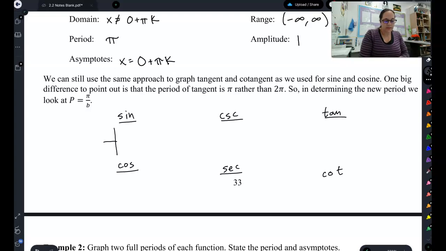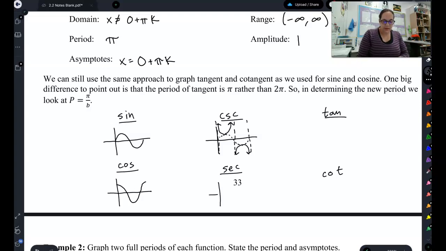So remember, our sine graph is our S wave. Our cosine graph is our C wave. The cosecant graph is the S wave, but it's been flipped. And we've got those asymptotes in between. The secant is the cosine wave, but it's been flipped.